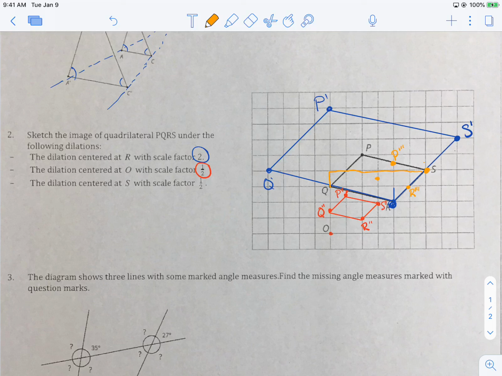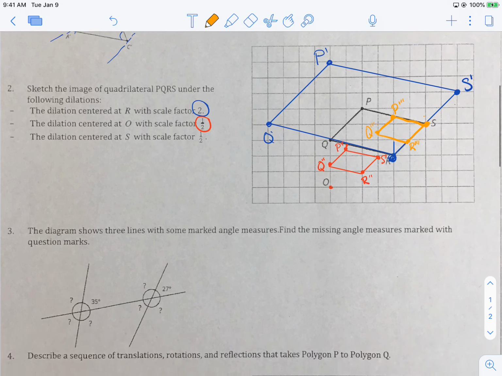So we're about halfway there in the middle of that unit, and we're going to call it Q triple prime, and then connect our shape here. So now this is half the size of the original, but with a center at S. So those take some practice, and you'll get some more practice with those.